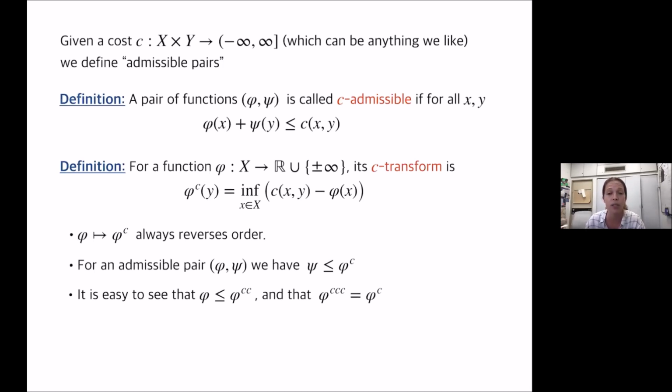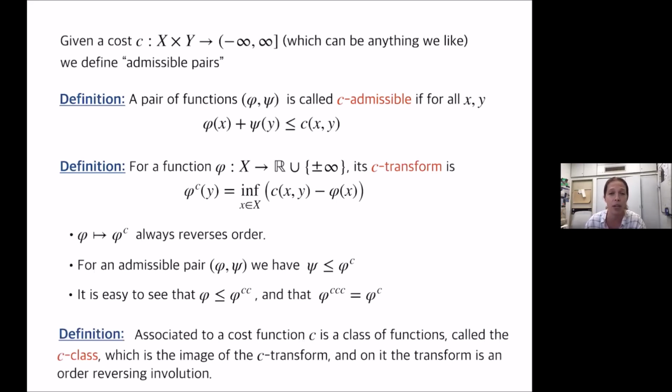So it's an order reversing involution, but not on the whole space of functions, of course, but on the image of the c-transform. This inspires you to define the c-class of functions. Again, you're given a cost c, you immediately get a class of functions, all of those which are images of the c-transform. Now they're functions on y. And on this class, the transform is an order reversing involution. Automatically, for every cost, you get a class of functions and an order reversing involution.